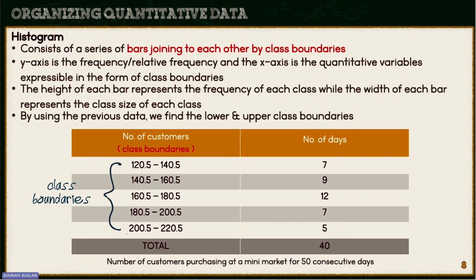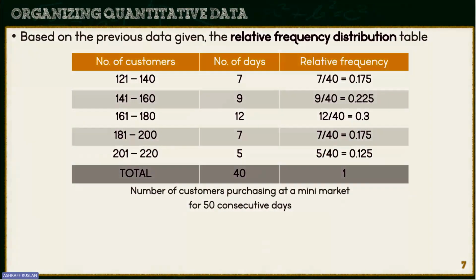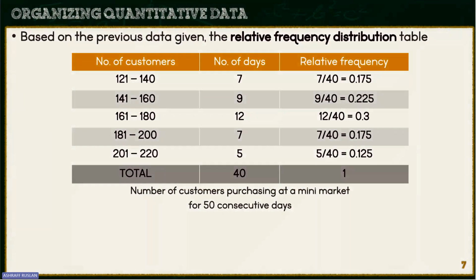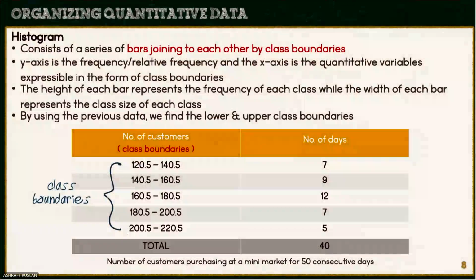So sekiranya diminta untuk menghasilkan relative frequency distribution table, kita kena ingat dia akan start off dengan table frequency distribution yang basic. From that, you just have to take the proportion of each frequency from each class divided by the total number of frequencies.